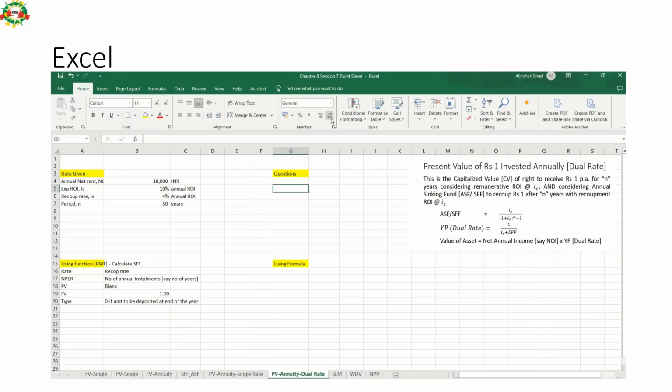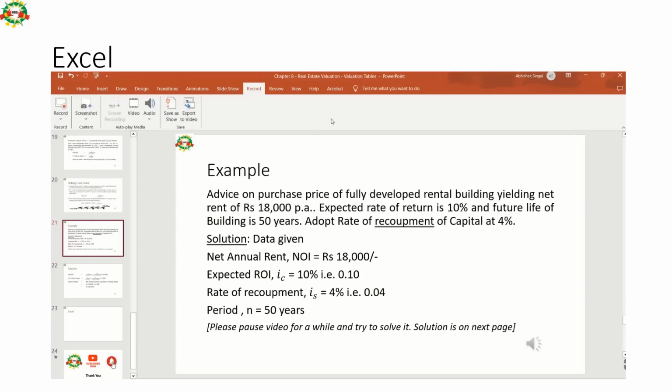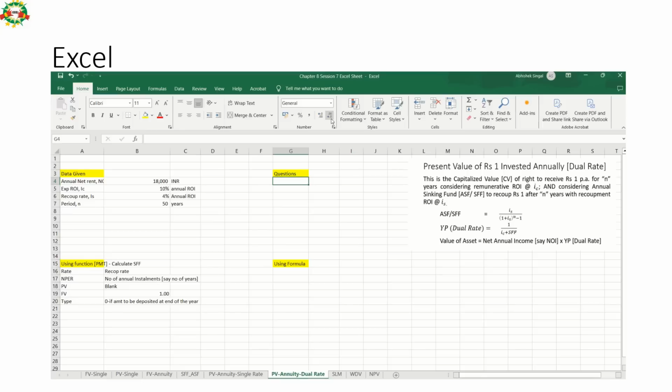Now what do we have to calculate? We have to calculate the present value of annuity, this future amount, considering the recoupment rate, sinking fund as well.